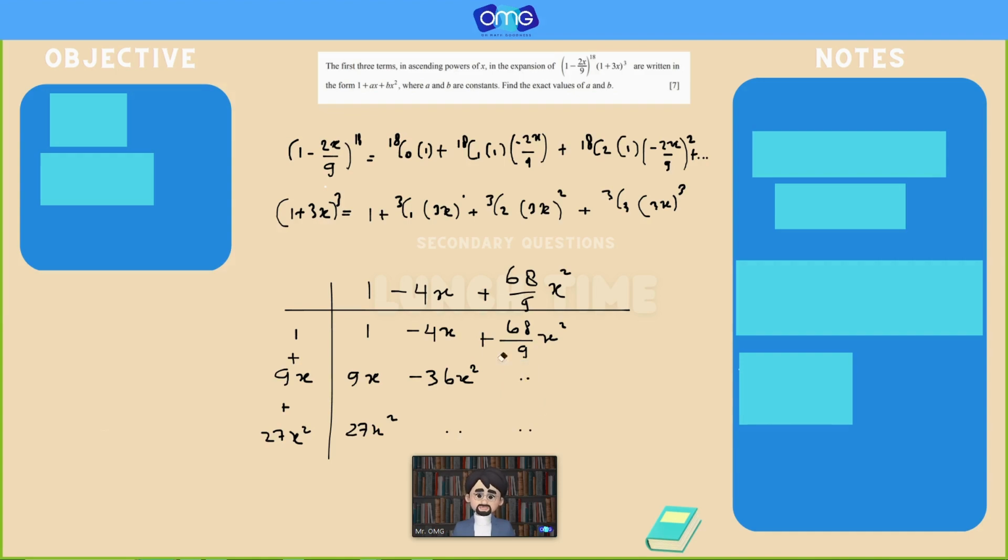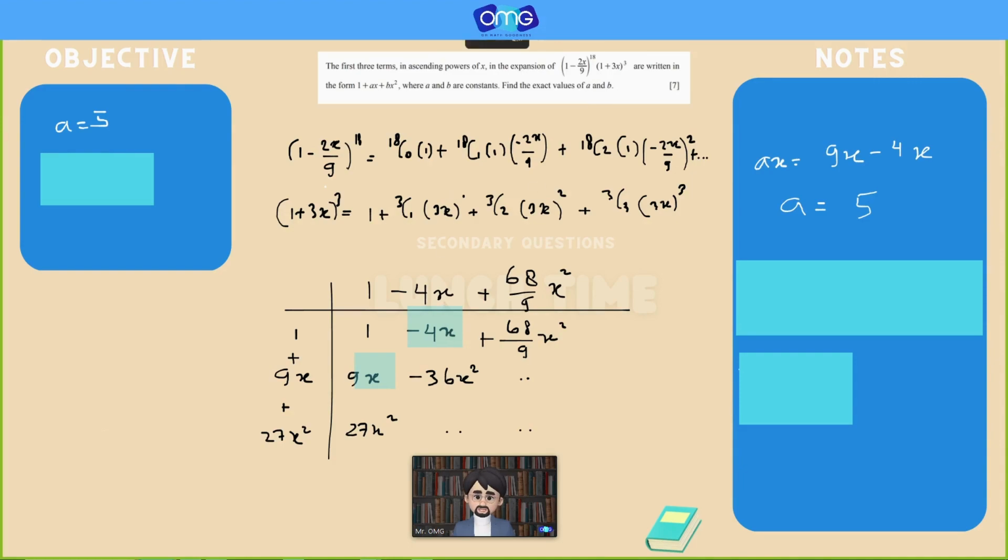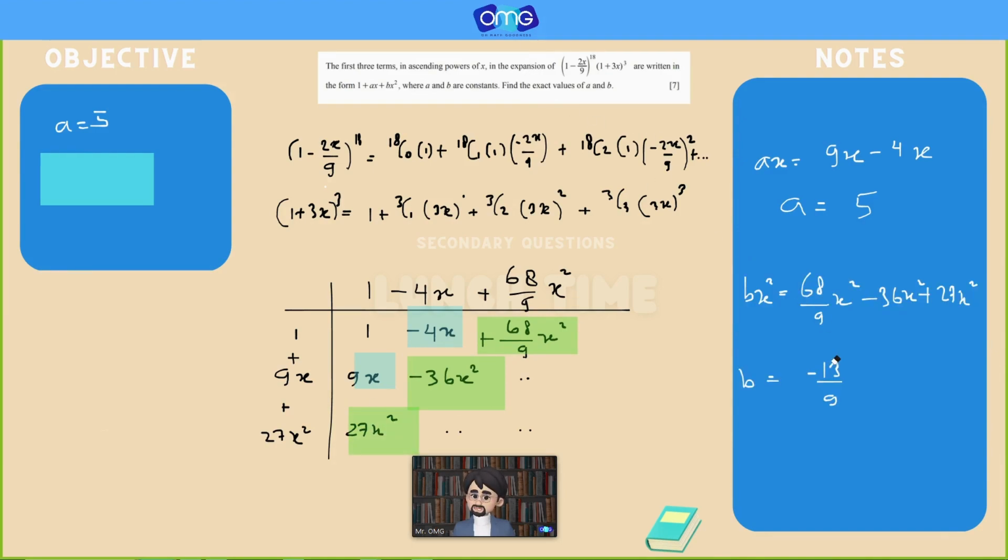Now to find the value of a, we only need these two, which is 9x minus 4x, which is 5. That's a. And to find b, we only need these three, this, that, and this. b is minus 13 over 9, which we add them all.